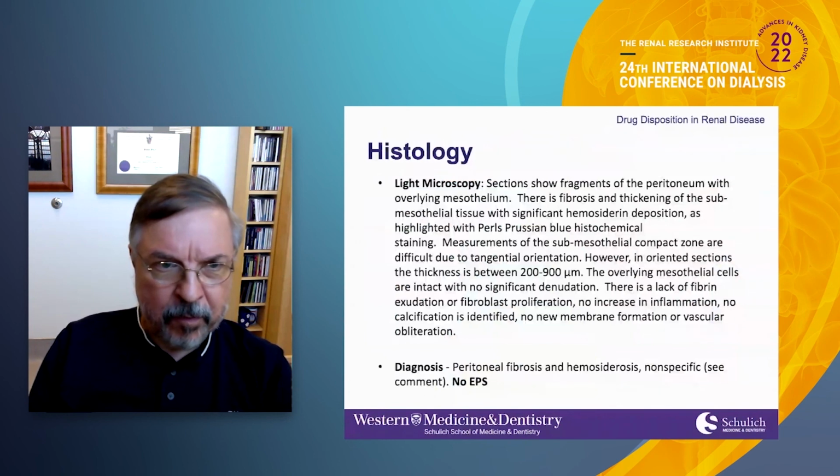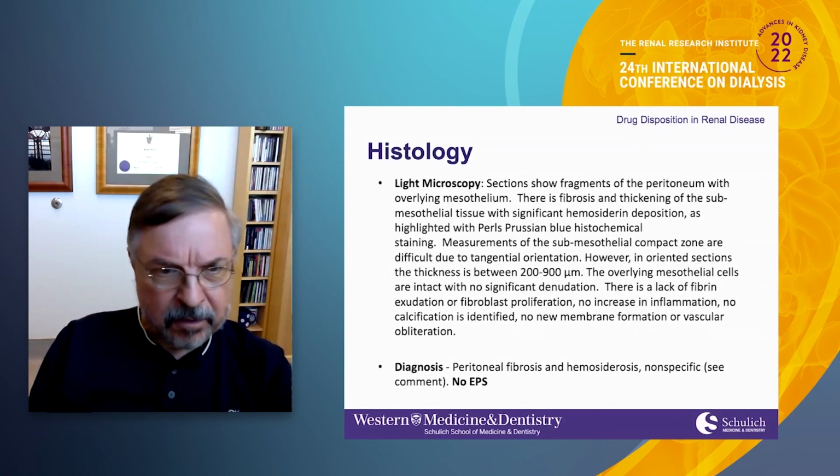So here's the report from the histology. There were sections that show fragments of the peritoneum with overlying mesothelium. There is fibrosis and thickening of the submesothelial tissue with significant hemosiderin deposition, as highlighted with the Pearl's Prussian blue histochemical staining. Measurements of the submesothelial compact zone are difficult to do due to tangential orientation. However, in the oriented section, the thickness is all the way up to 900 micrometers.